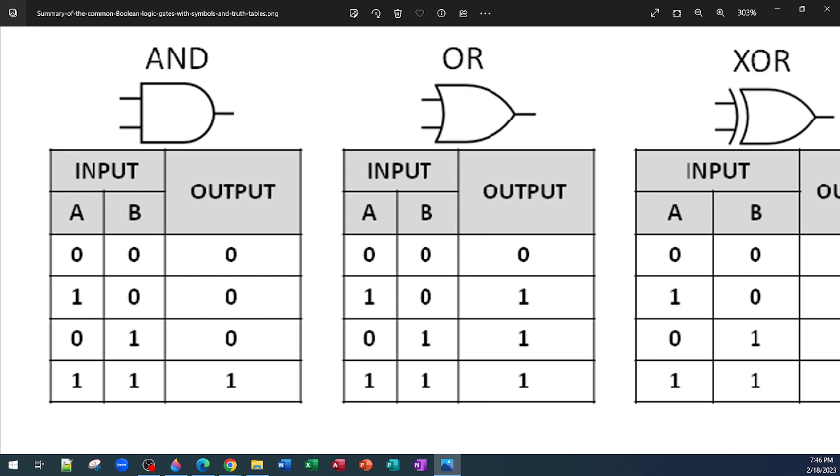Now the OR is basically the opposite. The OR, 0 and 0 gives you a 0. Or simply, false and false gives you a false. Anything else gives you a 1. Any other combination gives you a 1.